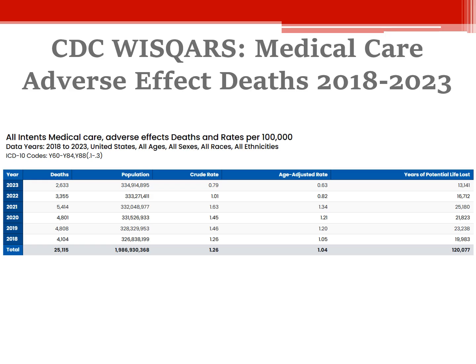And based on every other type of measurement that we even try to do using reasonable epidemiologic tools, you can see these are severe undercounts. There's no way that only 25,000 people have died in the United States in a 6-year period as a result of medical care adverse effects. But again, the WSCAR system only counts deaths or serious events for which that particular ICD-10 code is used as a cause of death or cause of injury. And so this is the data we have.